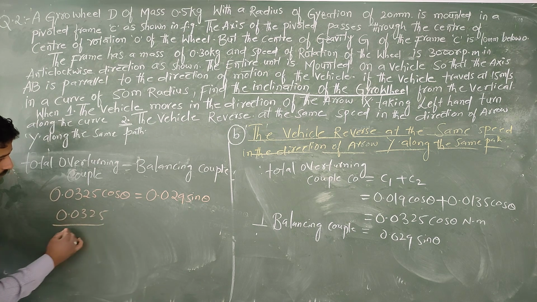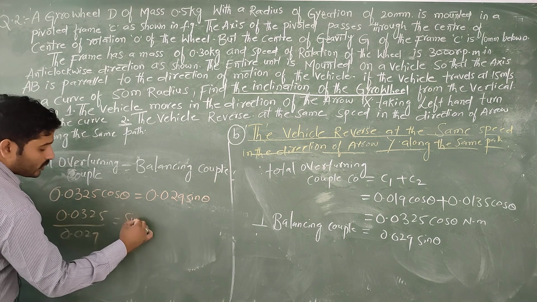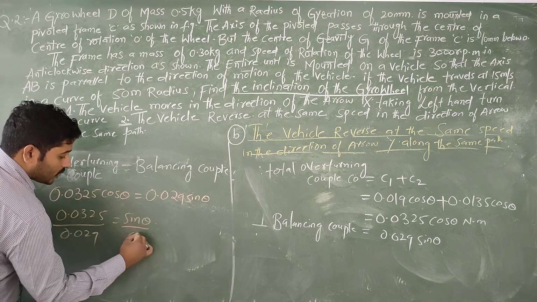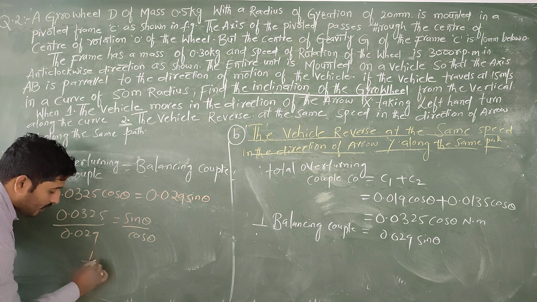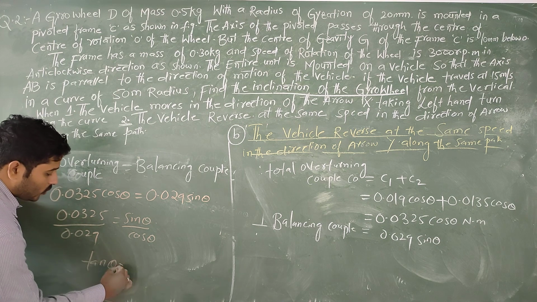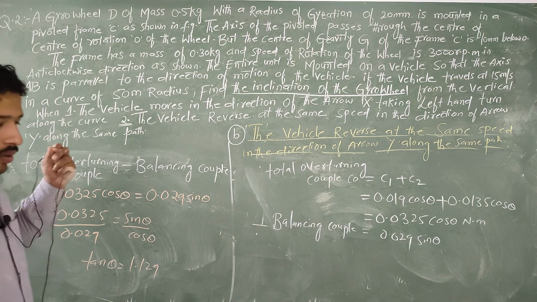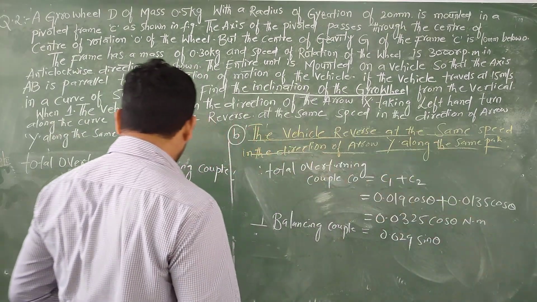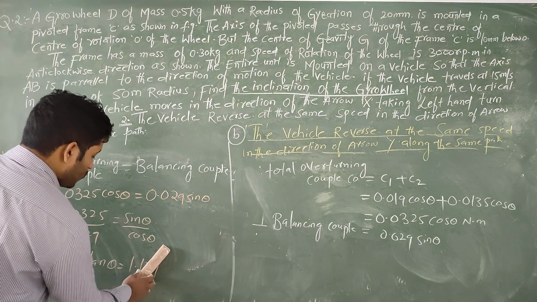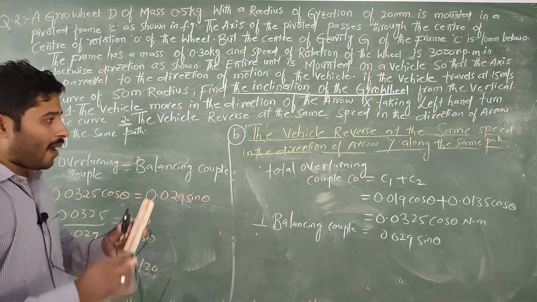The sin theta by cos theta value is tan theta equal to 1.120. Is it right?